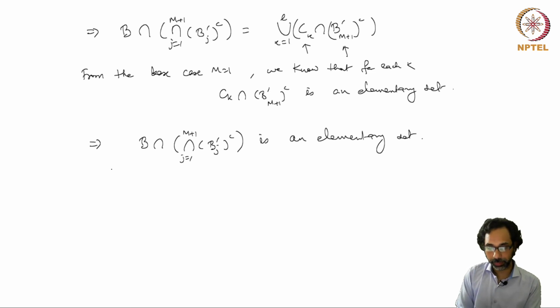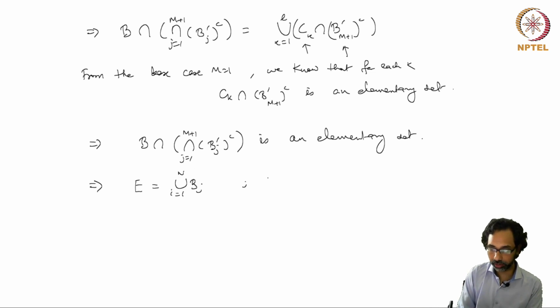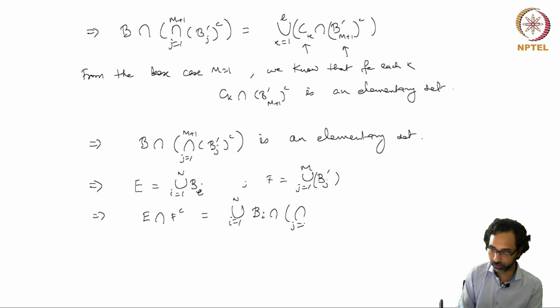So now this completes our proof, because this implies that if E is union i equal to 1 to n Bi and F equals union j equal to 1 to m Bj prime, then E intersection F complement is simply union i equal to 1 to n Bi intersection of intersection j equal to 1 to m Bj prime complement, and each of these is elementary.